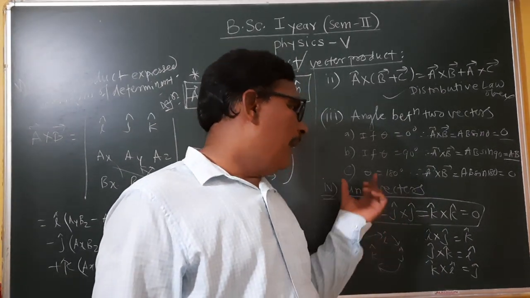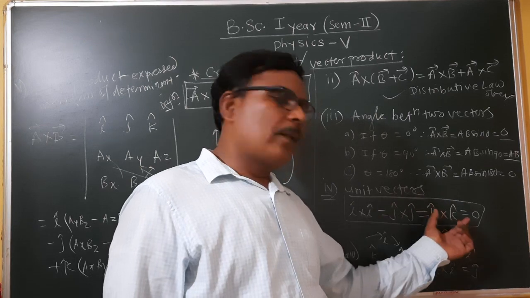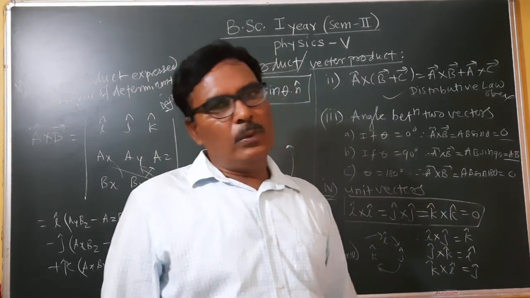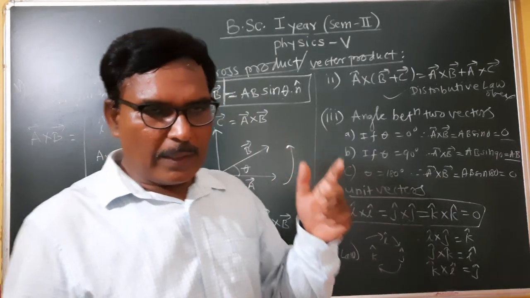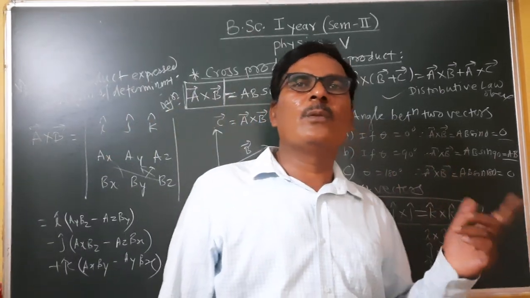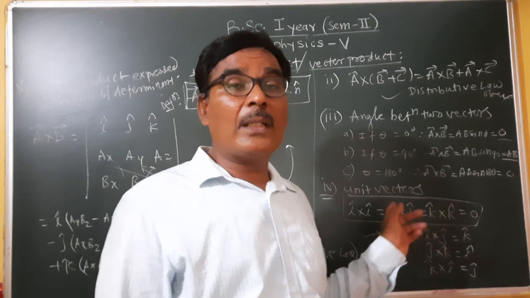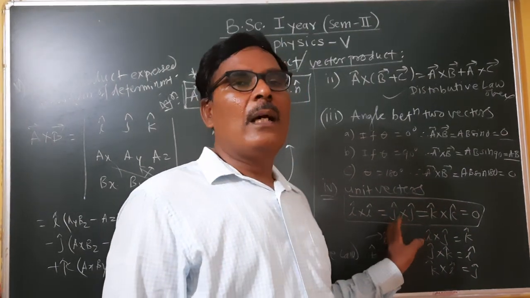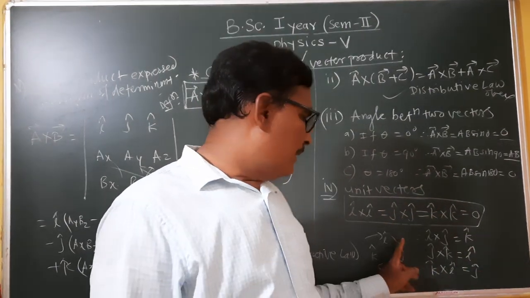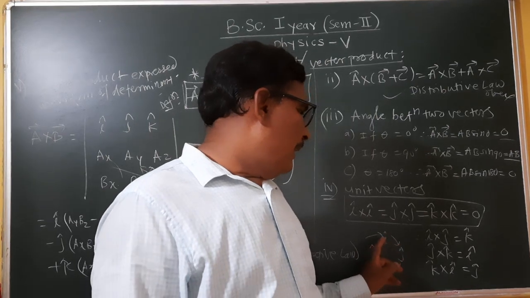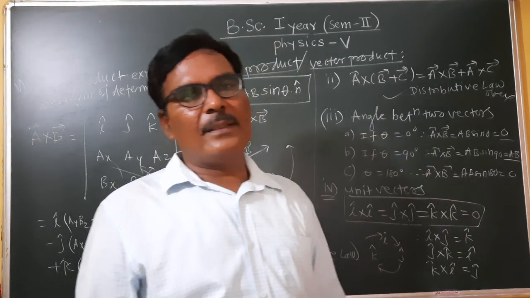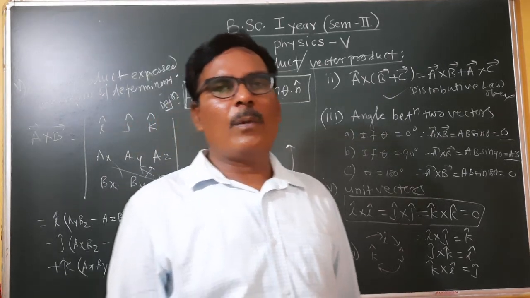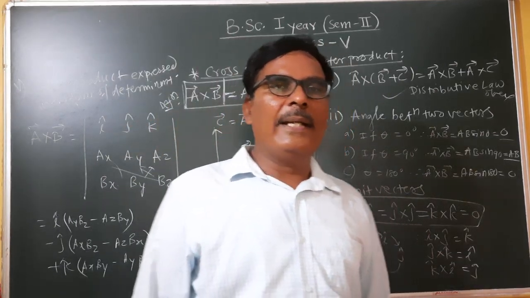In the scalar product, i dot j is 0. But in the vector product, with the cyclic vectors, i cross j is k, j cross k is i, and k cross i is j. This is called the cyclic vector property for the scalar product and vector product.